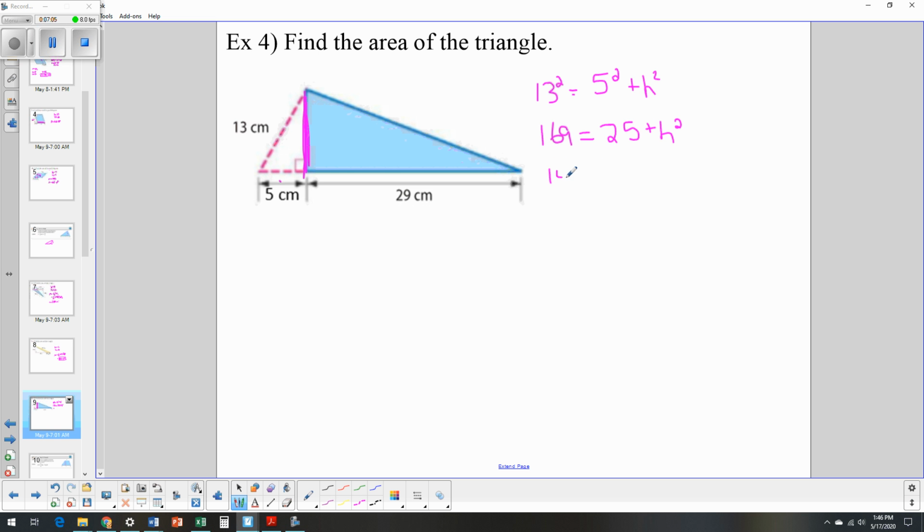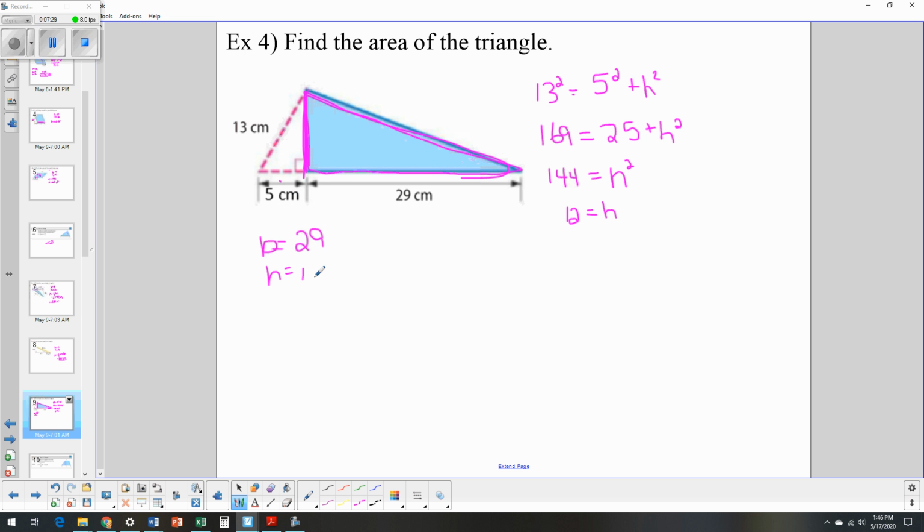It's going to be 144 if I subtract 25 from both sides equals h squared. So 12 is my height. So the base of my triangle, remember we're only looking at the part that's shaded, the only part that's actually the triangle that we're dealing with. So that's just the 29.